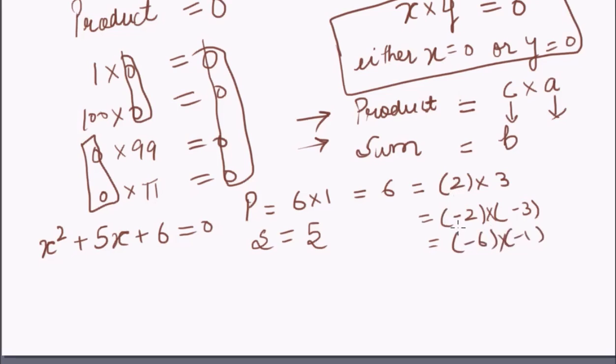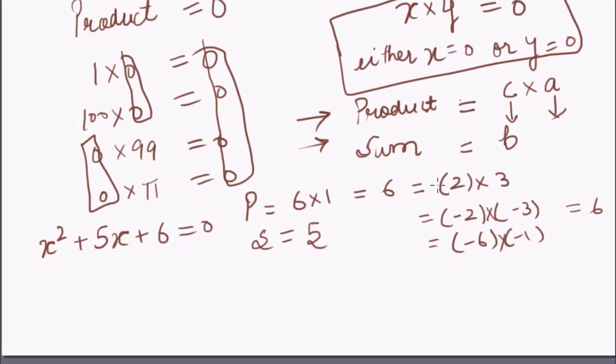Why? Because these two negative terms on multiplication will bear a positive resultant sign, and 3 into 2 will be 6. Thus the output here will also be 6.